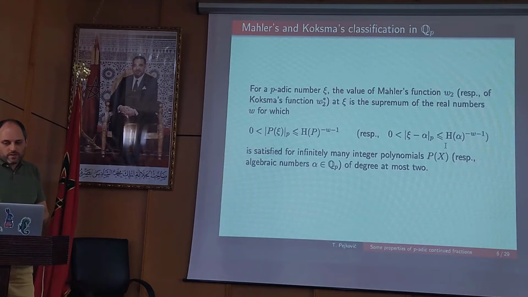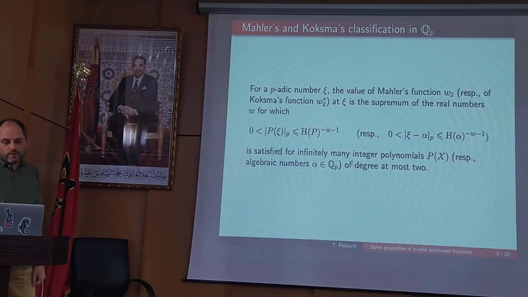So I'm going to briefly define Mahler's and Koksma's functions w2 and w2 star at a p-adic number psi. The value of Mahler's function is the supremum of the real numbers w such that this left-hand side inequality holds, where I denote by H(P) the height of the polynomial, meaning the maximum of the absolute values of its coefficients.